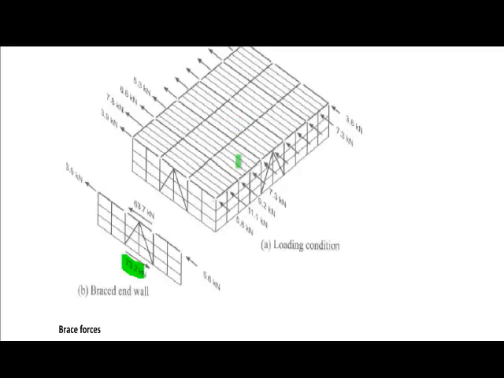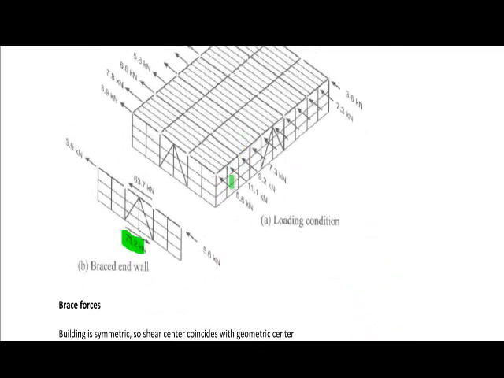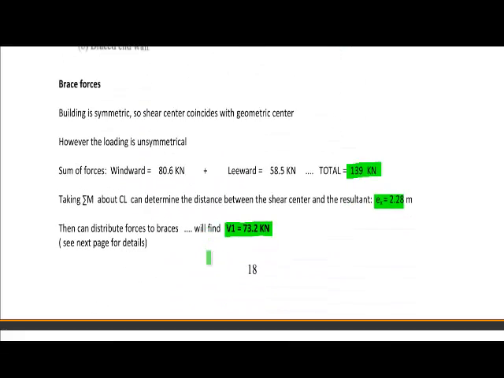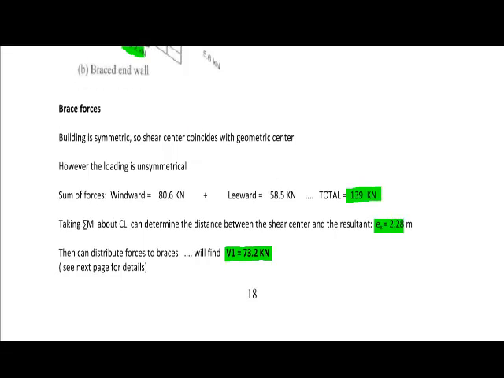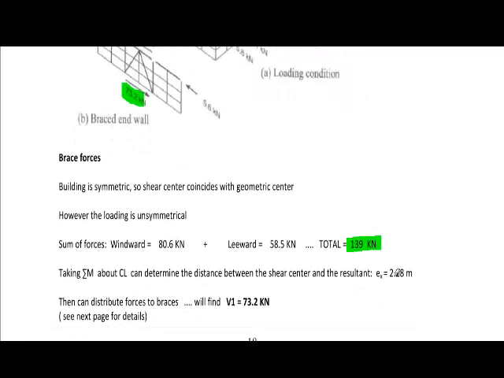So the shear center of the building is here in the middle, and what they'll do is take the sum of forces from here and here, you add this up, you end up with 139 kilonewton. And what we're going to do next is, because of the unbalanced loading, right here you have some end regions, and so the loading is a bit unbalanced, and so that resultant is not going to act right in the shear center, not right in the middle of the building. So you can find this eccentricity, and if you do that, you'll find it's 2.28 meters.